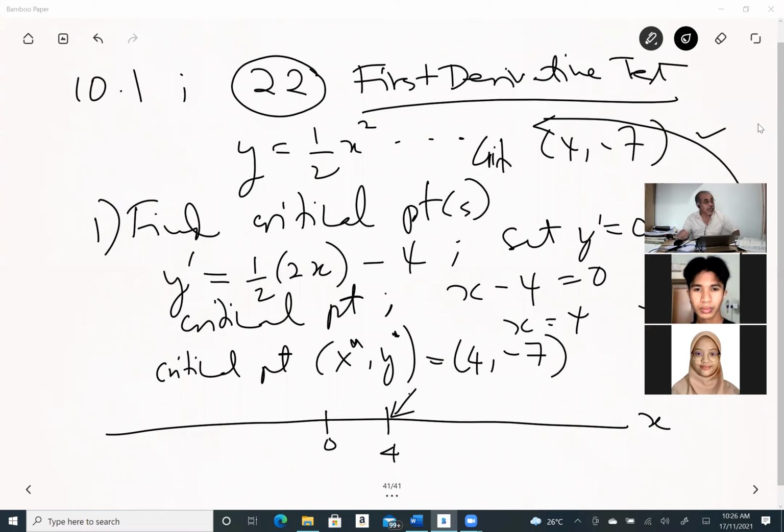Hurry up. Just guess. Earlier someone said -5, -3, but that is not the one. So what are the intervals? Or just tell me one interval based on that critical point. Okay, hurry up.